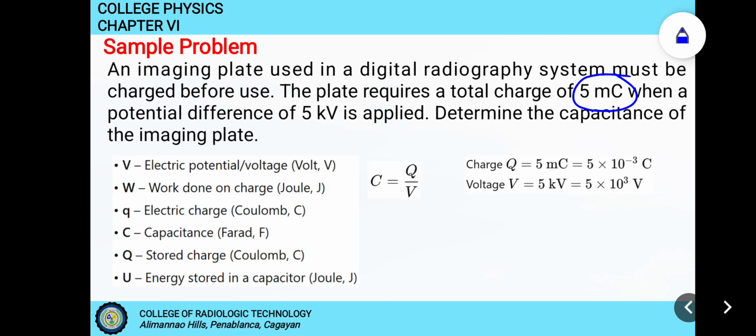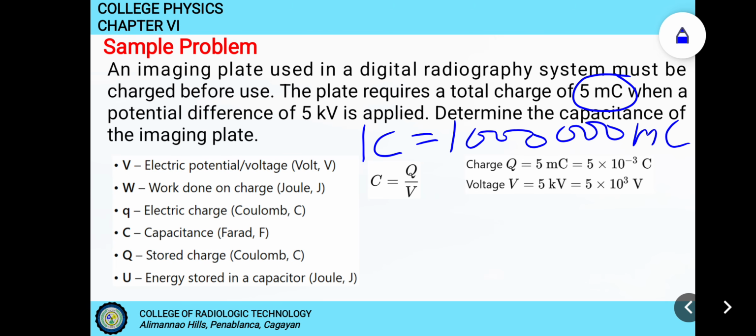And for microcoulomb, 1 coulomb is equal to, I think this one is 1 million. Yeah, 1 million microcoulomb. It's 1 million microcoulomb.